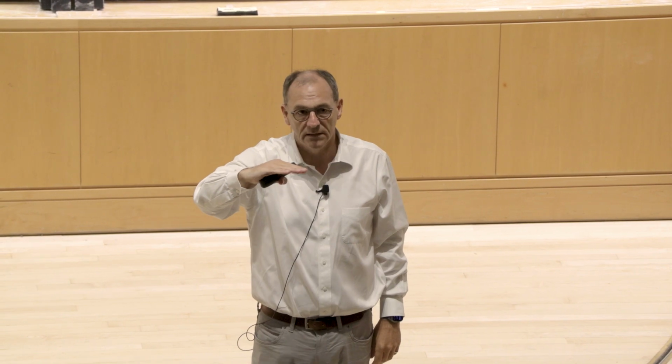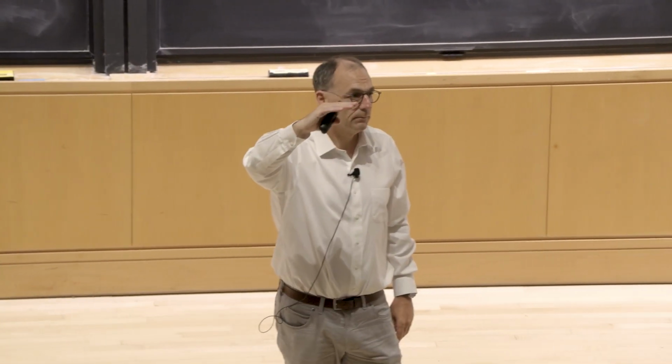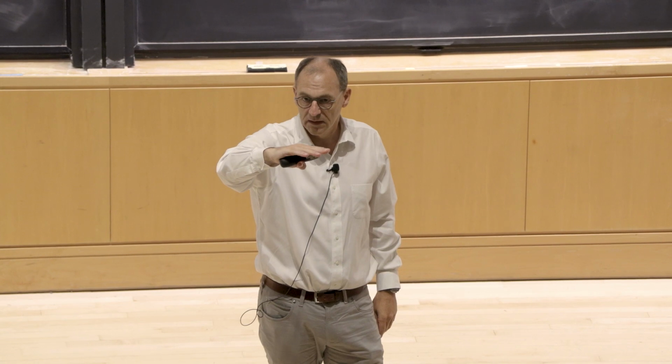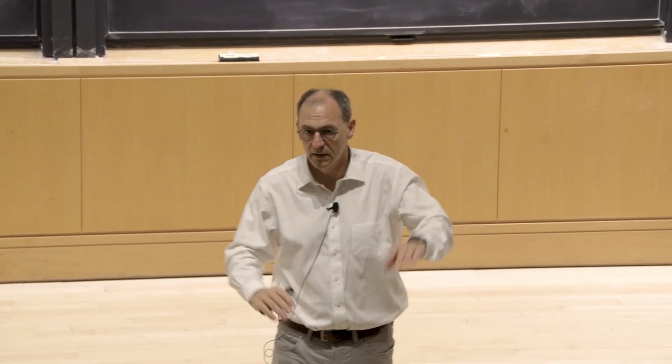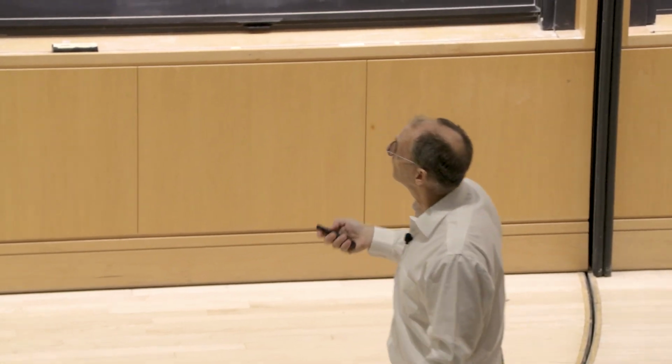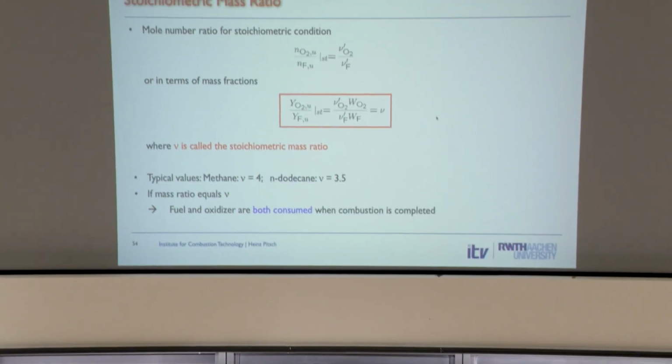The reason why I say this now is that's what we assume. That's not really what happens. What really happens, we'll see later when we talk about flames, is that for hydrocarbons, lean combustion is exactly what I said. For rich combustion, it is not the fuel that stays over. The fuel is typically converted first to CO and H2, and then the CO and the H2 remain left over.